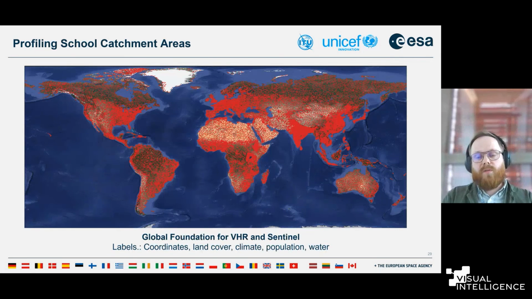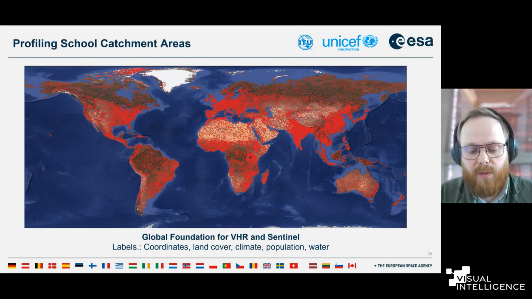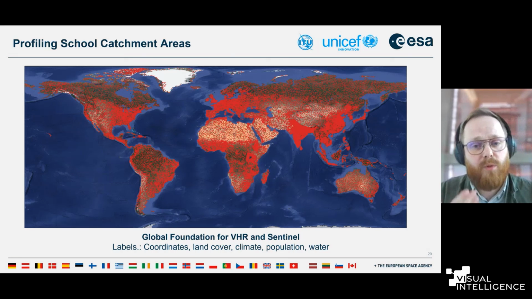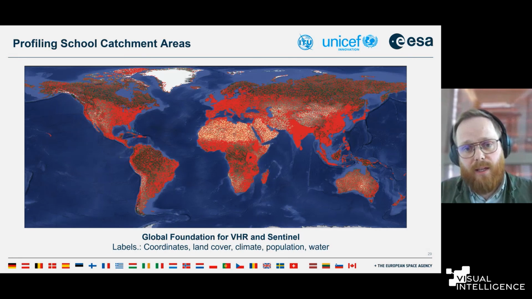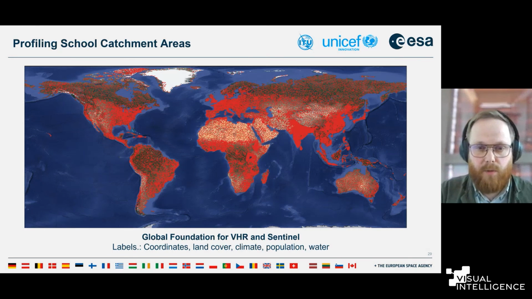Then we do the very high resolution model. Again, we use the exact same strategy for geographical aware pre-training, but on very high resolution data at multiple scales as well. This is the sampling for this data set. For each point, we go from 30-meter resolution to 30-centimeter resolution.